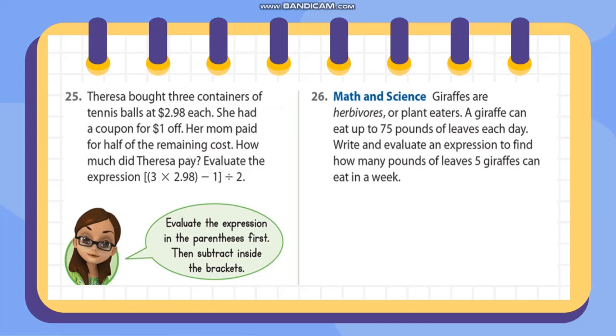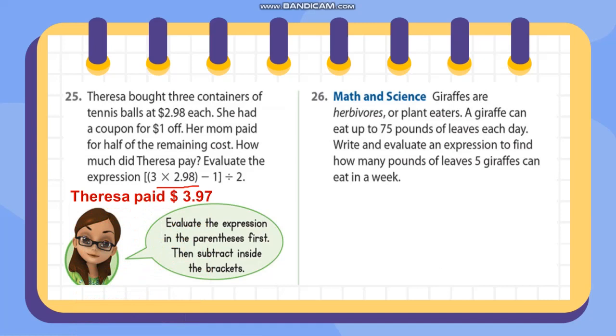Evaluate the expression 3 multiplied by 2.98 minus 1, divided by 2. First, we evaluate 3 multiplied by 2.98, which is equivalent to 8.94. 8.94 minus 1 is 7.94, and 7.94 divided by 2, so the answer is 3.97.